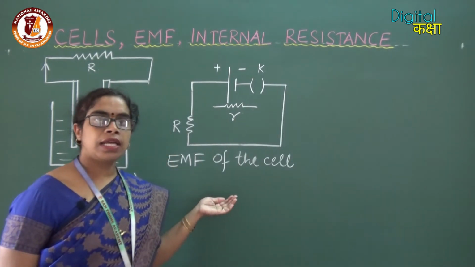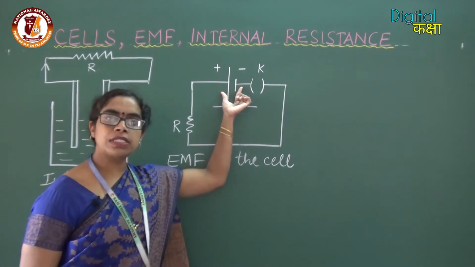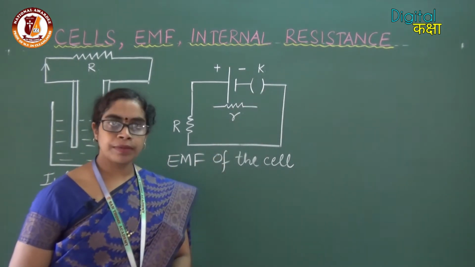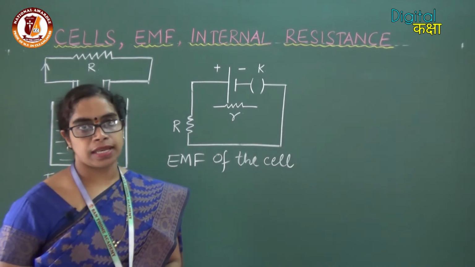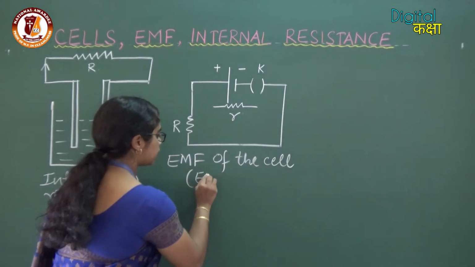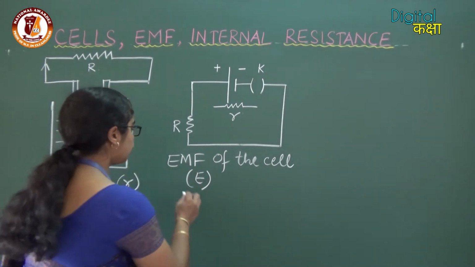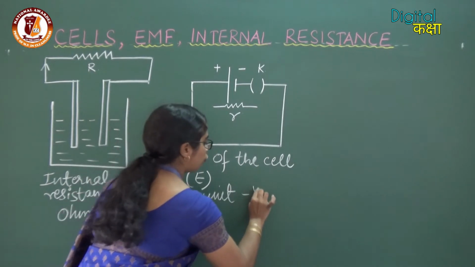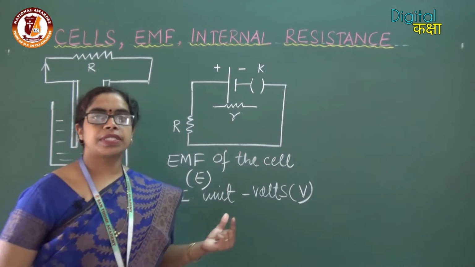EMF of the cell is the potential difference between the two terminals which is obtained when the circuit is open, or when no current is drawn from the cell. This physical quantity EMF is represented by capital E. The SI unit for the EMF of the cell is volts, which is represented by capital V.